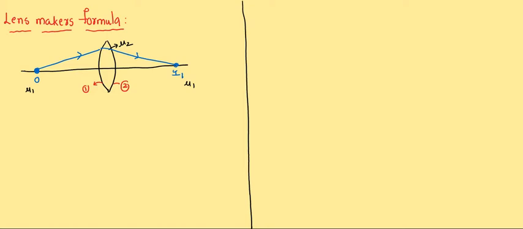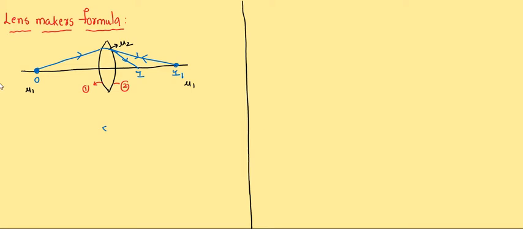This I1 will act as object for the second surface, and the second surface forms the image at I. This I is called the final image.